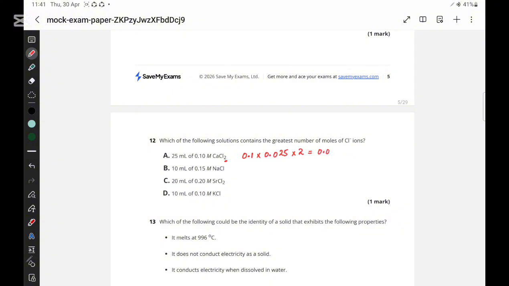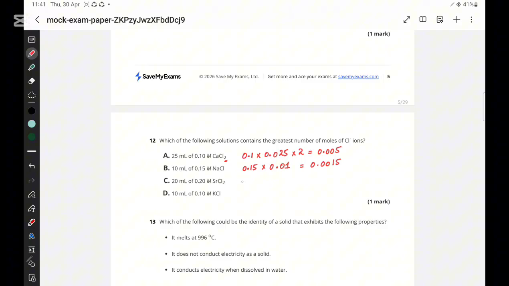so the answer comes out to be 0.005. Then for the next part, again concentration 0.15, times 0.01, and that comes out to be 0.0015.